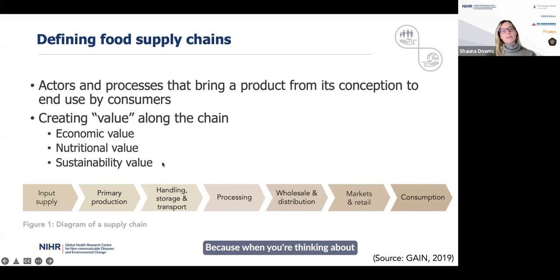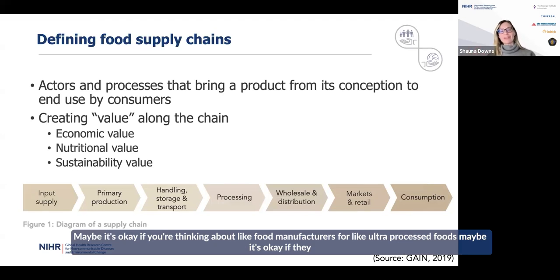when you're thinking about how you might intervene, you don't want to be trying to propose an intervention or a solution that is decreasing the economic value, particularly for farmers. Let's say we're talking about farmers. Maybe it's okay if you're thinking about food manufacturers for ultra processed foods.